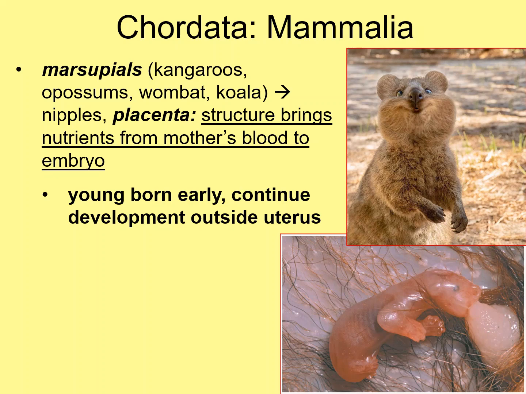What this means for them, of course, is they can be pregnant, they can have an early to mid-stage embryo nursing in the pouch, and then they can have a late-stage offspring, we call it a joey, right, that can climb in and out of the pouch and will come back to nurse and then leave.